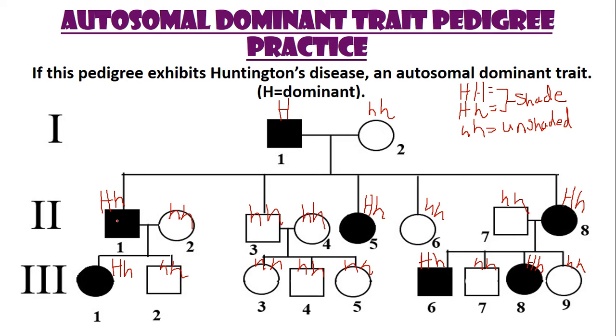If we look, the first child was affected. The second child was not affected. And that means he has to be big H, little h, so he can give a little h, and the mother can give a little h, so this child is unaffected. So if you look, everyone's genotype is up here. So now you could ask questions about who's a carrier, who's affected, who's not affected, all that information.